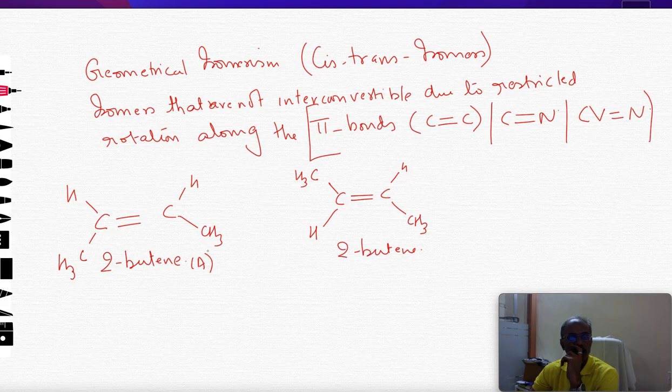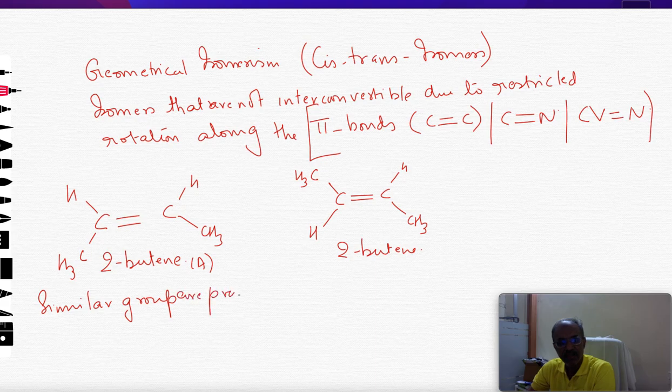So such type of isomerism, in structure A, we can say similar groups are present on the same side of the double bond or the pi bonds.